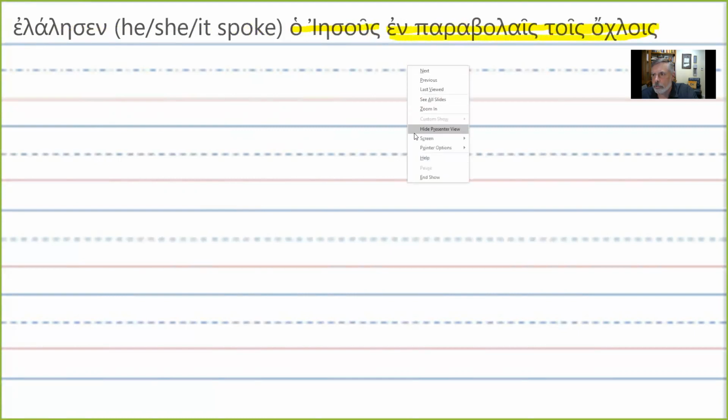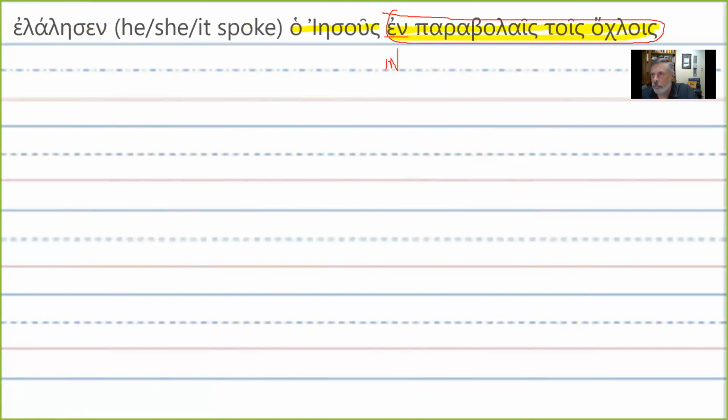I'm going to switch back to the pen. Here's our prepositional phrase. It's all in the dative. So en, its object is in the dative, and it means in, generally.